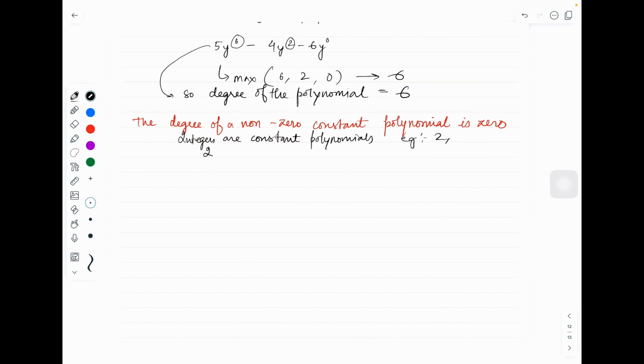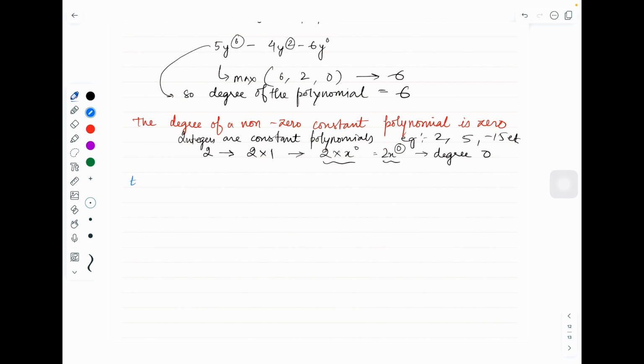Example 2, 5, minus 15, etc. If you write 2, it can be written as 2 into 1, which again can be written as 2 into x to the power 0. So in this expression the maximum power is 0 only, so the degree is 0. Getting it? The degree of a non-zero constant polynomial is 0. You understood?